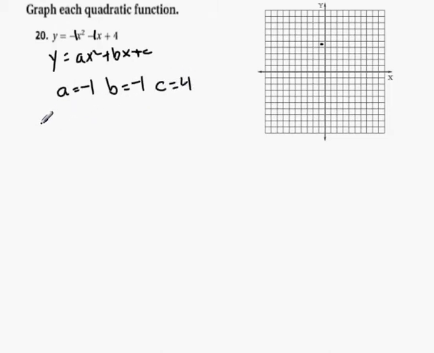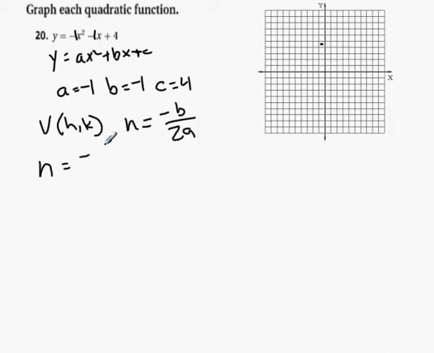All right. We're going to locate the vertex, which consists of the ordered pair h, k. H represents the x coordinate of the vertex. K represents the y coordinate of the vertex. H is found by using the formula -b over 2a. So we're simply going to replace the variables with the values associated with those letters.